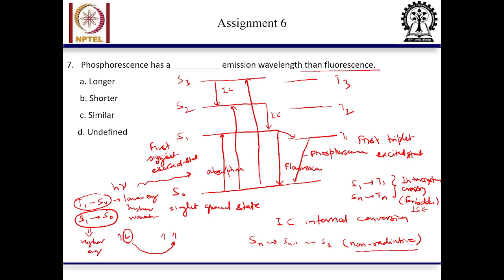So S1 to S0 and T1 to S0, these are radiative transitions. What do we mean by radiative transition? It will emit light with a specific wavelength. These are non-radiative transitions because the molecule dissipates heat and comes back to the lower excited state.